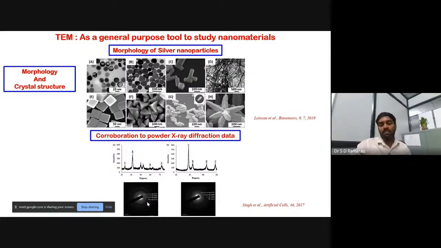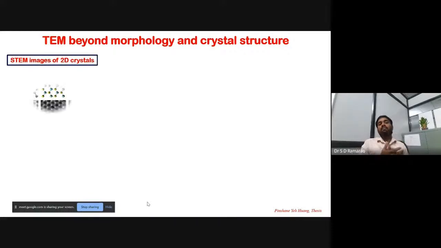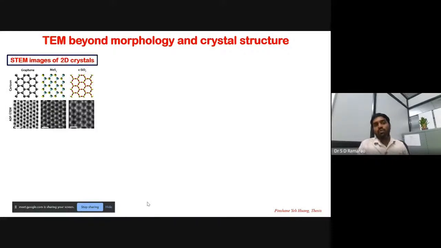Because of that, TEM is a very powerful technique compared to scanning electron microscope. And coming to that, is that enough, using TEM for morphology and knowing the structure? It's not that. You can study many things. We should not stop our studies there. It depends on which materials you are characterizing.